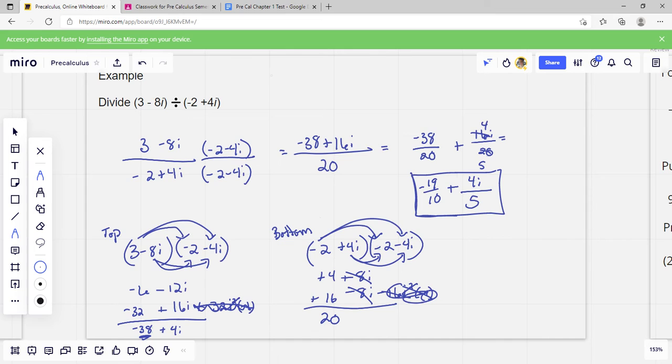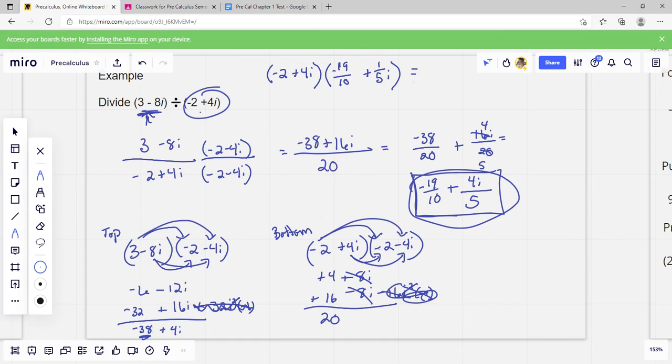So multiplying it back out, it will be negative 2 plus 4i times negative 19 over 10 plus 1/5 i, and that should equal this one. So you take this one and you multiply it by your answer, right? And then you should end up with that, because it's that divided by that, right? And there's our answer. So if we multiply them back out, then we come up with what we started. So that's an easy way to check.